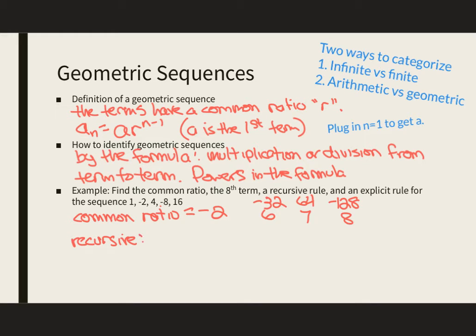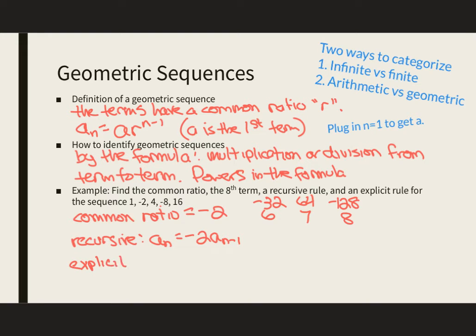All right, so we're going to say that the nth term is equal to -2 times the previous term. So all that's saying right there is take the previous term, a sub n minus 1, multiply it by -2, and that'll give you your next term. We could also say a sub n plus 1 is equal to -2 times a sub n.